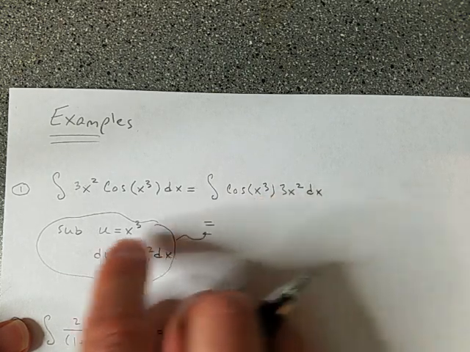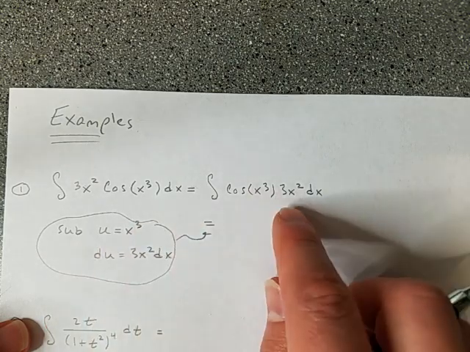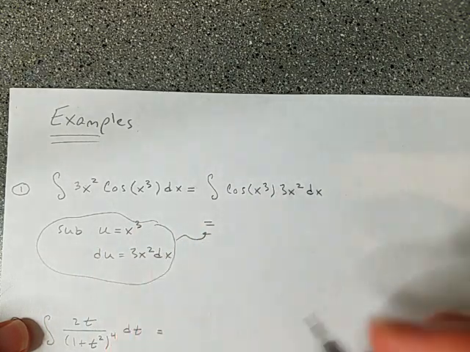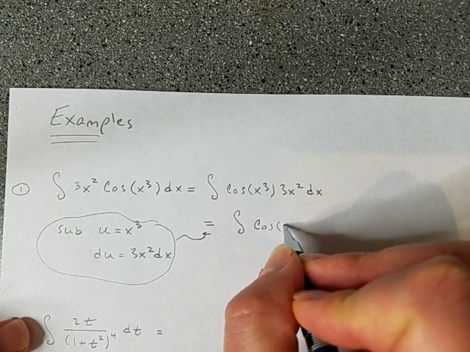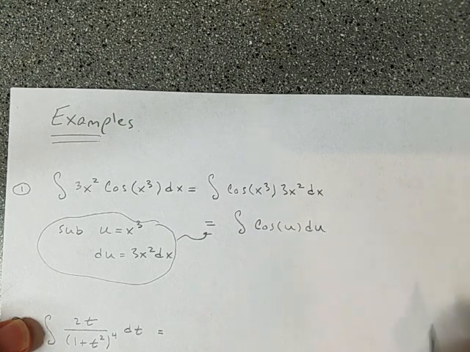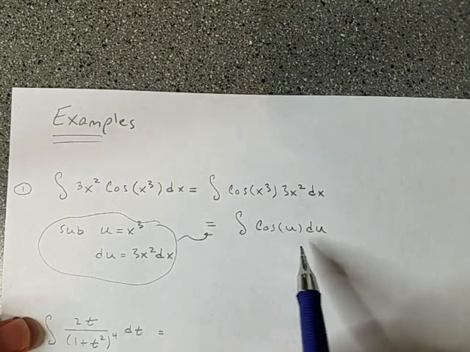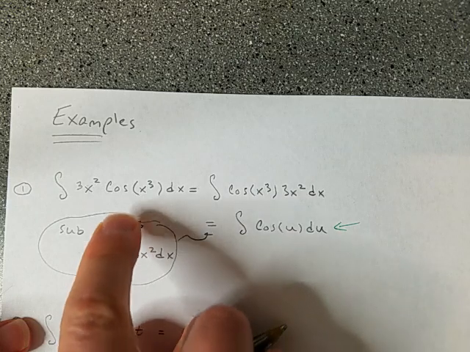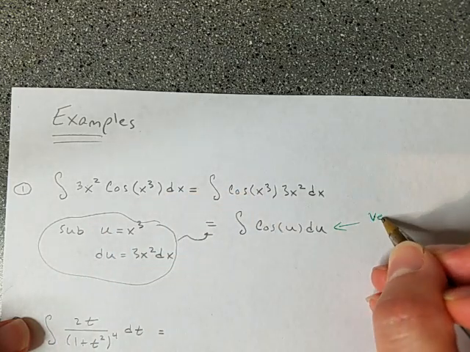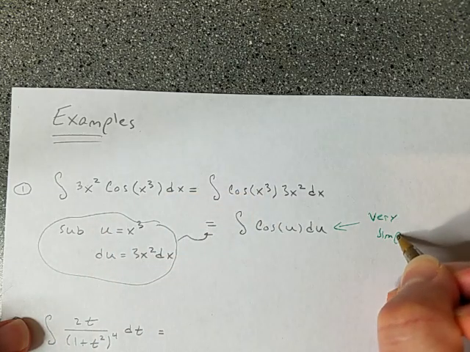Right there, x to the 3rd power, I'll put u in place of that. 3x squared dx, I'll put du. Okay, if I do that, then this is how this looks. Cosine u du. That is as simple as it gets, right here. This substitution in that problem made it very simple.